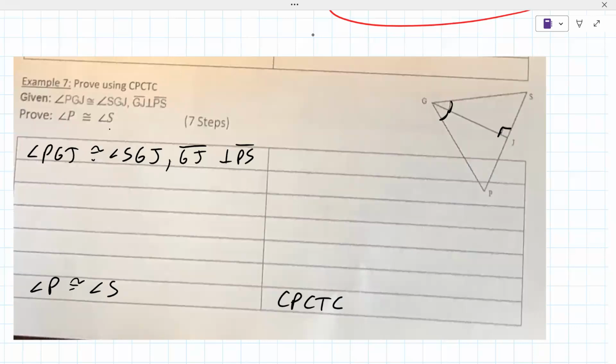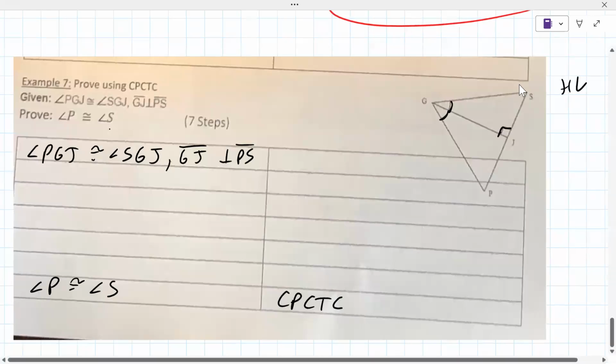It's a right triangle, which means you can possibly use hypotenuse leg. But that requires the hypotenuse to be congruent, that is, GP congruent to GS. Do you see anything about that in here? No. The only time you typically use something like that is if you knew the triangle was isosceles, then you would know that the outer segments are congruent.